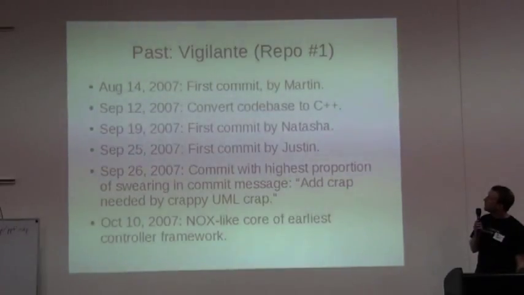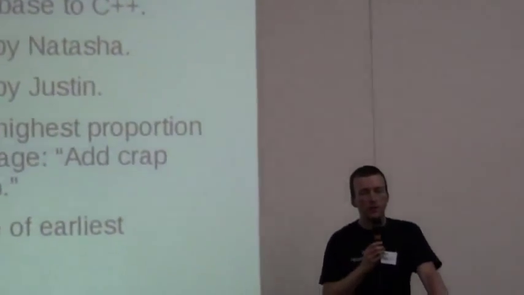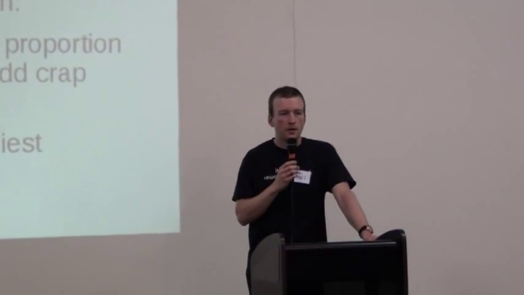So I joined, and the initial name for what became Open vSwitch was Vigil or Vigilante, and that is because the name Nicira comes from Sanskrit, and it means vigilant. And so I naturally took this and had to make it more extreme, and Vigilante seemed like the right name to me.